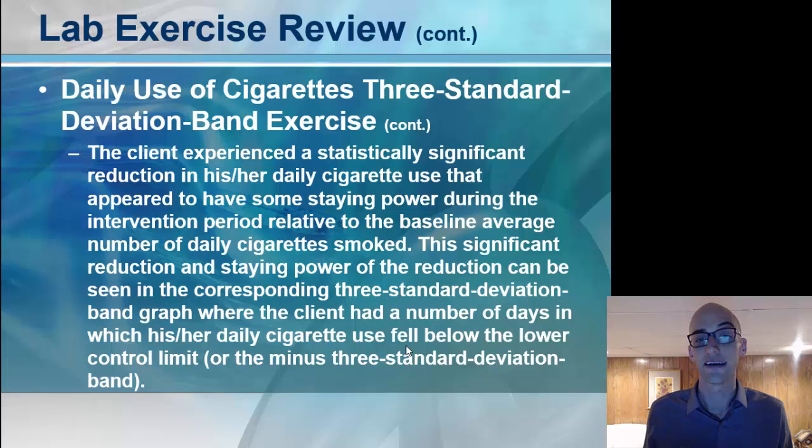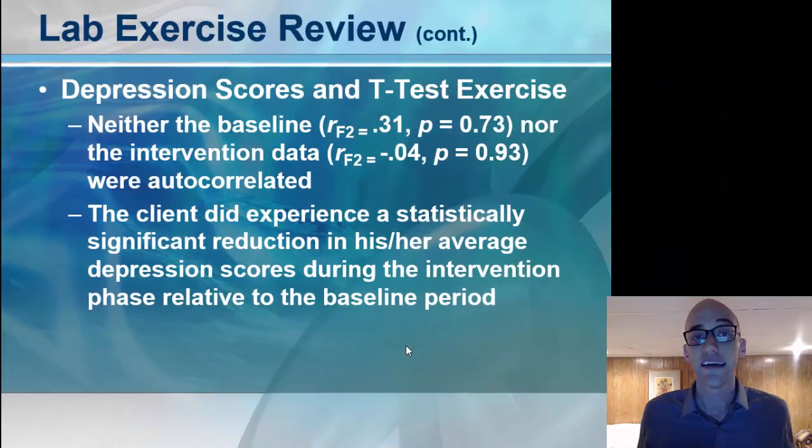The staying power of the reduction can be seen in the corresponding 3 standard deviation band graph, where the client had a number of days in which his or her cigarette use was below the lower control limit.